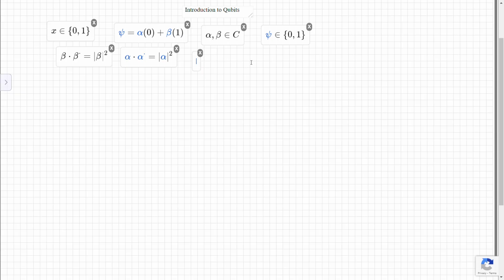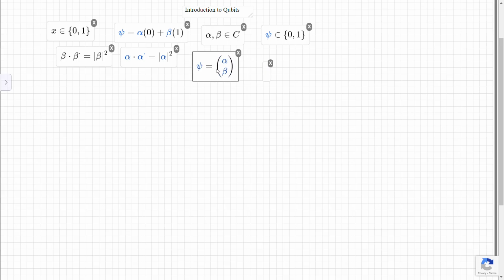A better way to represent it is in the form of a matrix, basically a column matrix, where you can have just the coefficients.